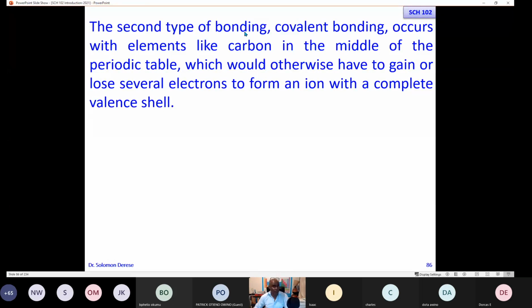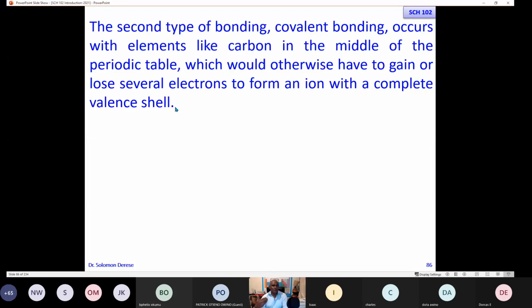So the second type of bonding, covalent bonding, occurs with elements like carbon in the middle of the periodic table, which would otherwise have to gain or lose several electrons to form an ion with a complete valence shell.